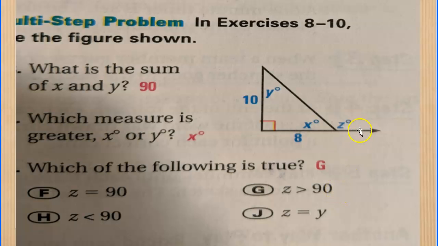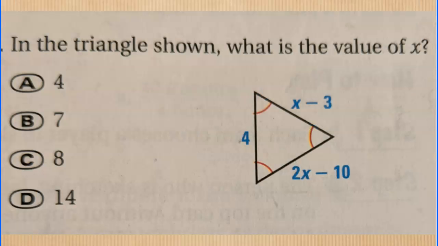It asks me next, is Z greater than 90? It does appear to be so, but let's take a look at J just in case. Is Z equal to Y? Well, this is acute. This looks obtuse. You could use your protractor just to check, but I believe that G is going to be our answer. And then finally, another one of the standardized test. In the triangle, what is the value of X?